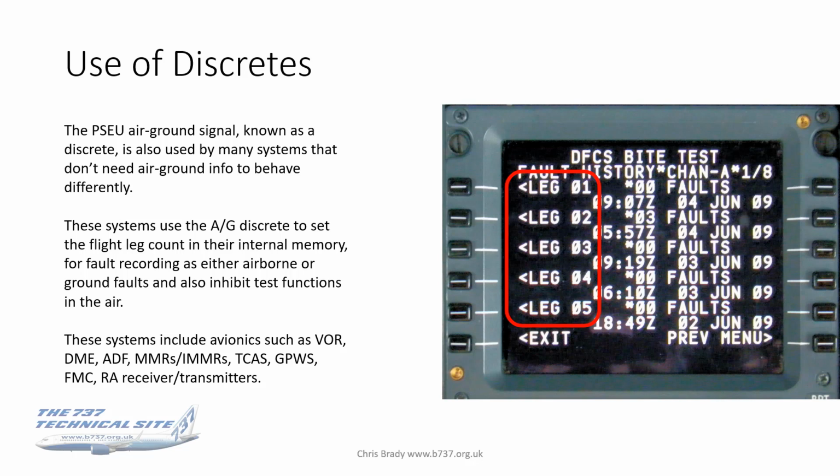These systems use the air-ground discrete to set the flight leg count in their internal memory, or for fault recording as either an airborne or a ground fault, and also to inhibit test functions in the air. These systems include avionics such as FIRWIRE, DME, ADF, multimode receivers, TCAS, GPWS, the FMC, and the RADALT. So again, all of those use discrete, and again, that's also not an exhaustive list.